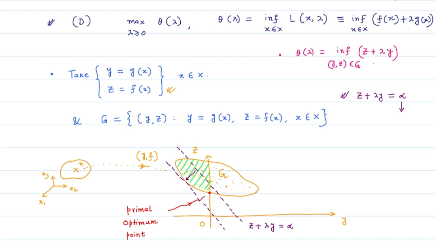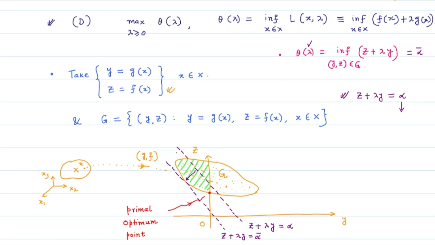And corresponding to that supporting line, the value of alpha, that is your z plus lambda y, is equal to, let's suppose, alpha bar. This alpha bar is giving us the value of this theta lambda, right? So corresponding to a given lambda, you go for identifying the slope as minus lambda.